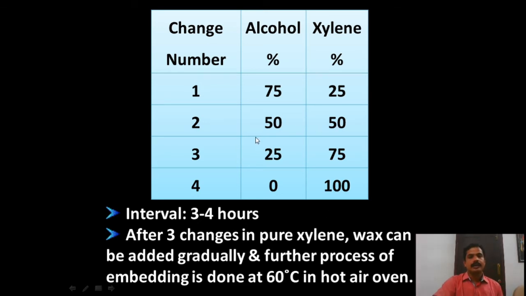Then 25 alcohol and 75 xylene. Then 100% xylene. The interval in each solution may take 3 to 4 hours. After reaching 100%, 3 changes are made in pure xylene.